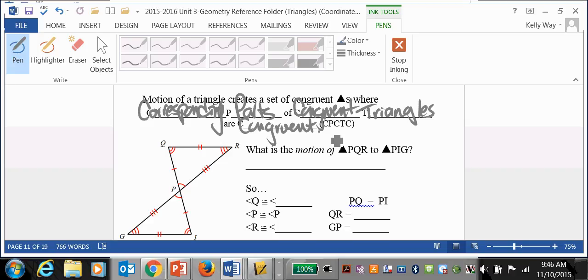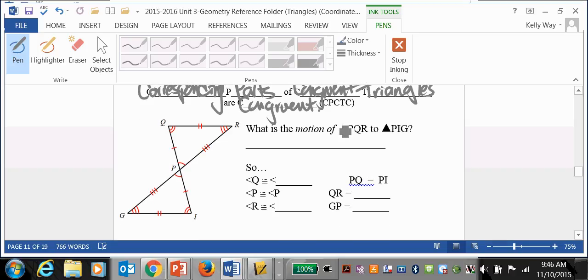Let's zoom through this. I'd like you to write down the motion from this triangle to this triangle. What's going on there? It's either translation, rotation, or reflection. Write it down. All right. Tori, what do you think it is, ma'am?